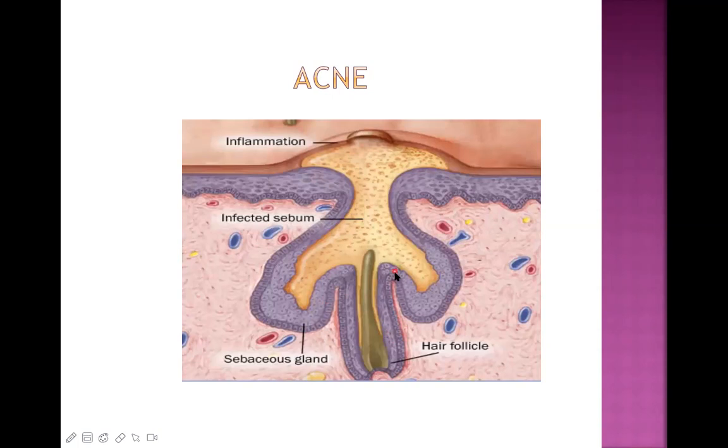So all these are very typical features of acne vulgaris. And remember, this occurs because of androgen excess during puberty, which is the most common age, and after that there is excessive sebum production, and on top of that, if the opening of that duct is blocked, it can easily attract infection there. All these points are important in acne vulgaris.